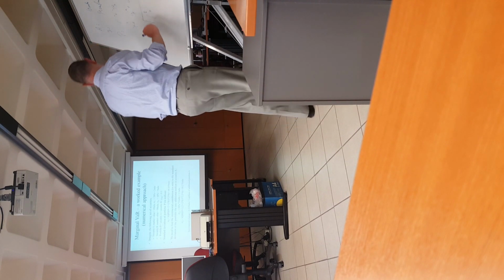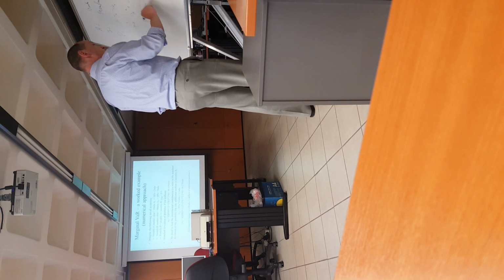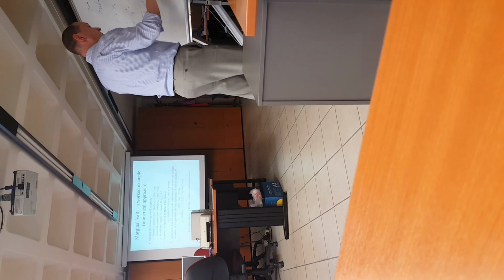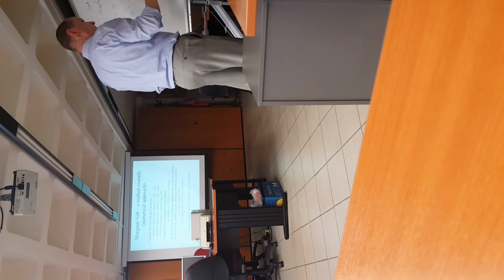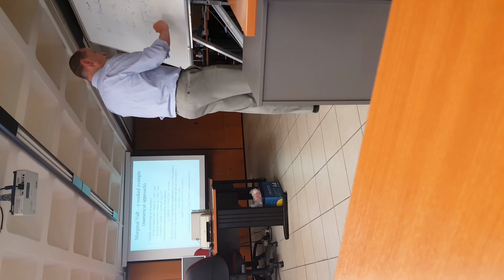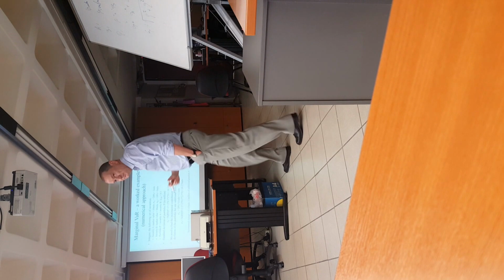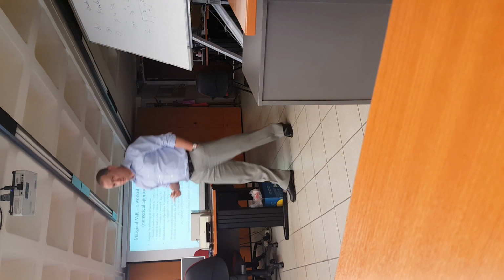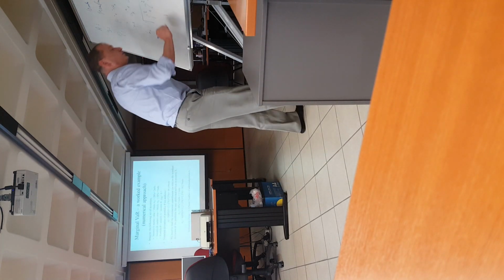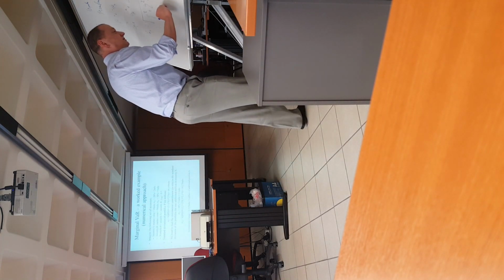9 squared plus 2 squared plus 2 times 0.5 times 2 times 9. How much is this? Just do it on the calculator. 10.149. What is this? Percent? Million? Million.